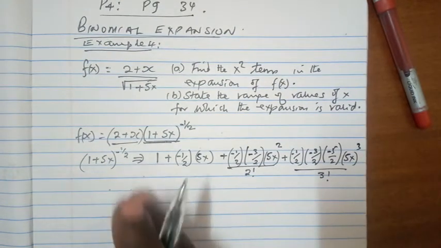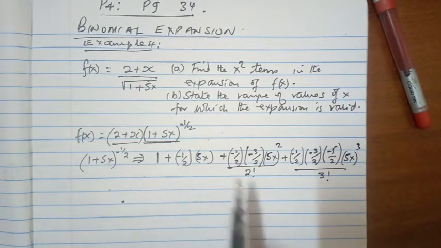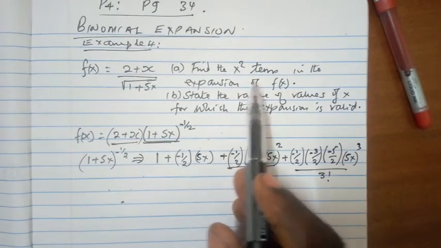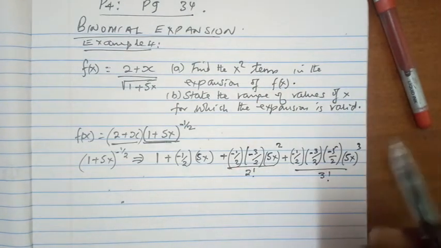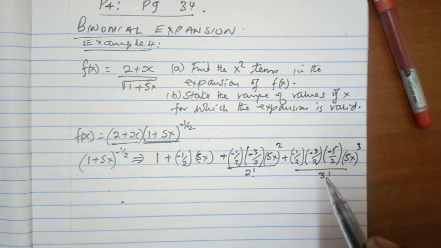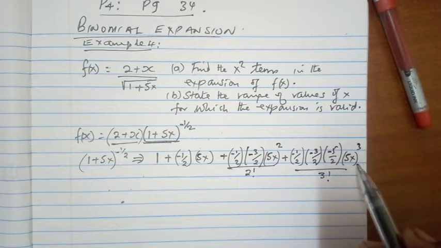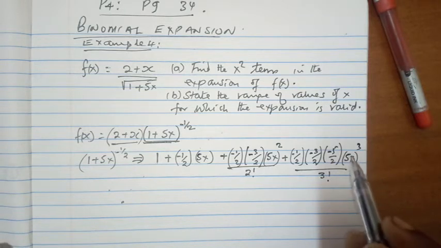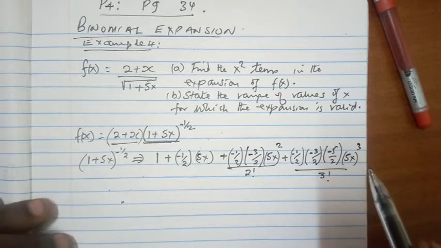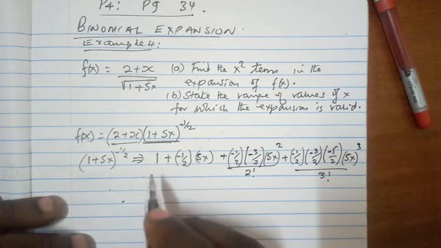Having said that, it is important to understand the question: find the x squared term. From here we are up to the x cubed term, so we are even beyond the x squared term. We can stop our expansion there and simplify at that point.